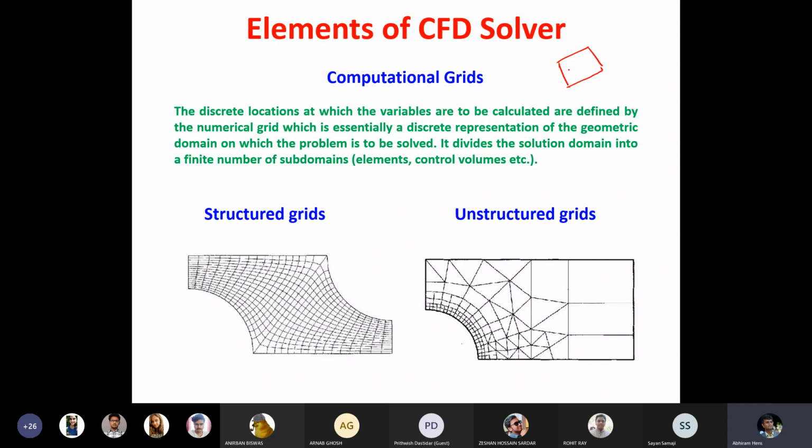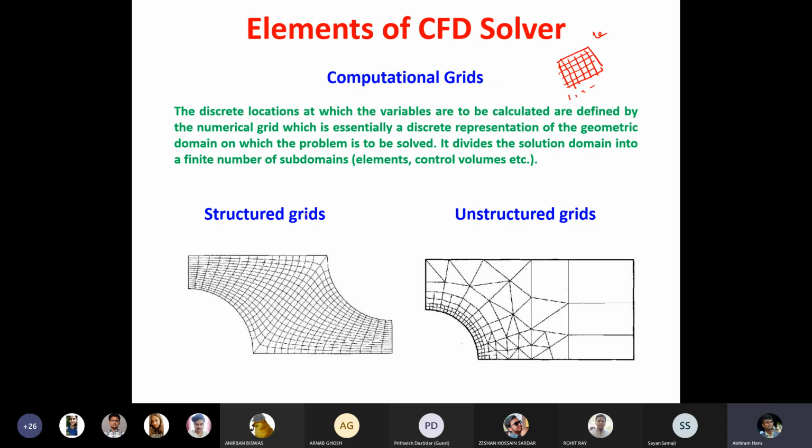Discretization can be done in a structured grid, meaning you use a single type of element. These are called elements, for example rectangular shapes in 2D. So for this particular domain only one type of grid is used, and I can number it easily 1, 2, 3, 4 etc.